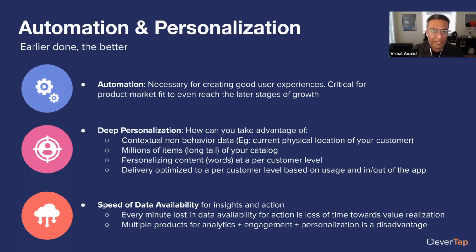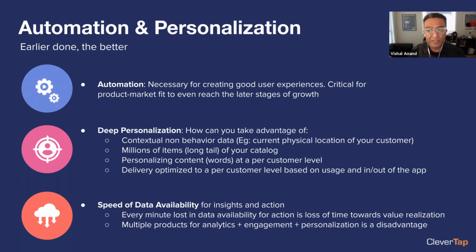It lets you take advantage of millions of items in the catalog through product recommendation. It lets you personalize what content, what words you should use to target a customer on a per user basis. It lets you optimize the best time for individual users. These are some of the things that already exist in the platform. And automation also speeds up your actionability.